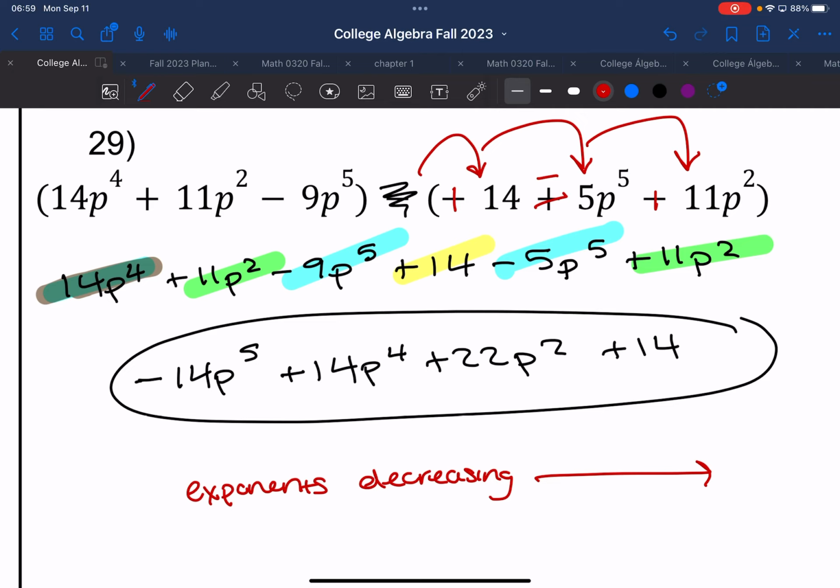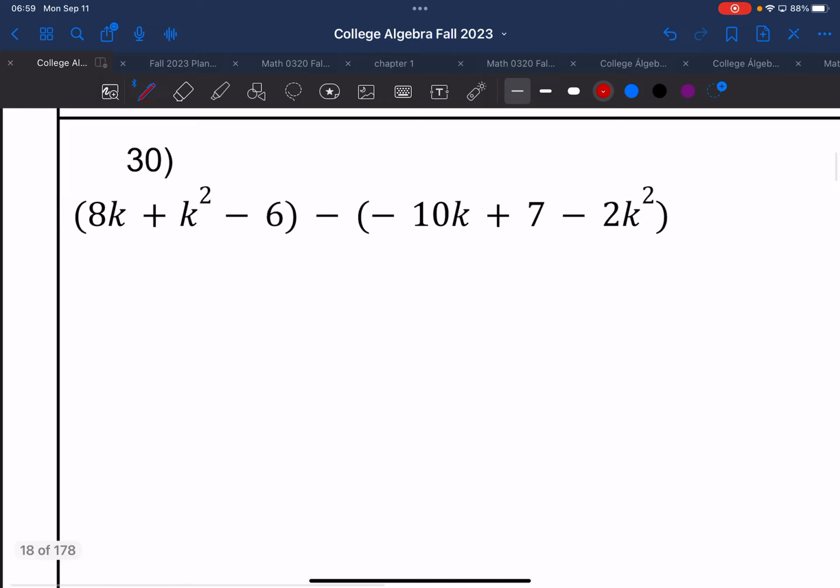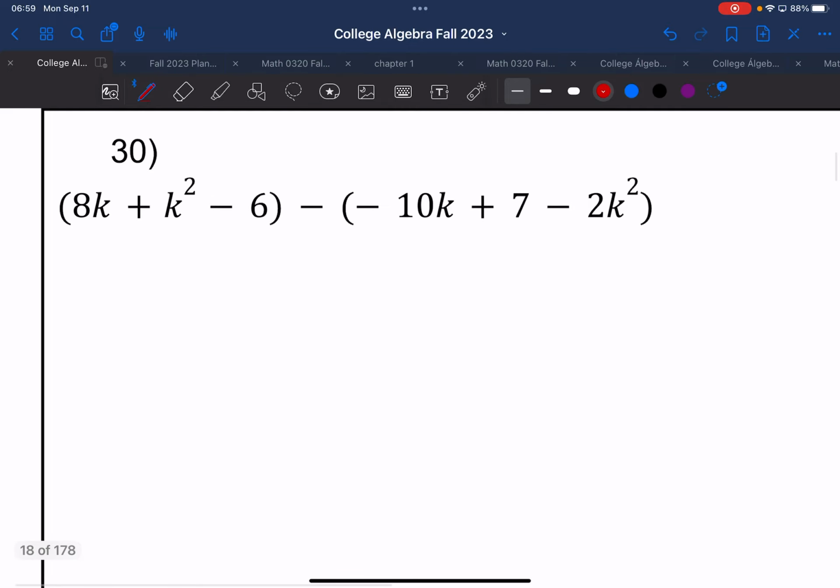Okay, go ahead and take a few seconds to work on 30. So it's another one with those two expressions being subtracted.